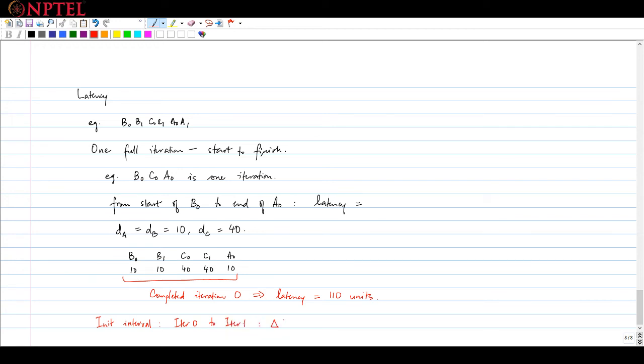Delta t is basically just 10 time units, right? But that's not really a good measure of my initiation interval, because what I need to consider here is that B0 to B2 is going to be 120 time units.